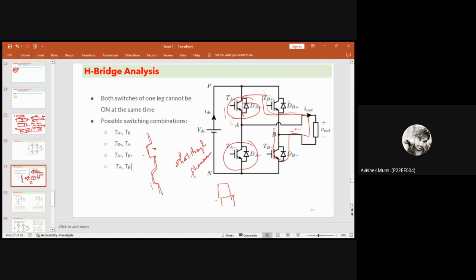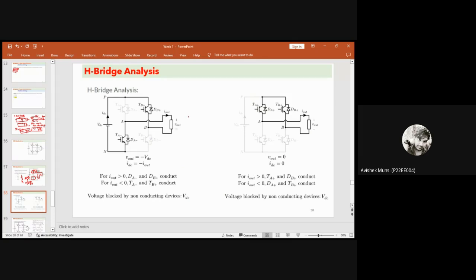There will be a delay, and that is called the dead time or dead band. Otherwise it will get shorted. So definitely you have to give the pulses in such a way that these two will not be on at the same time, with a certain delay of nanoseconds, right? Okay.